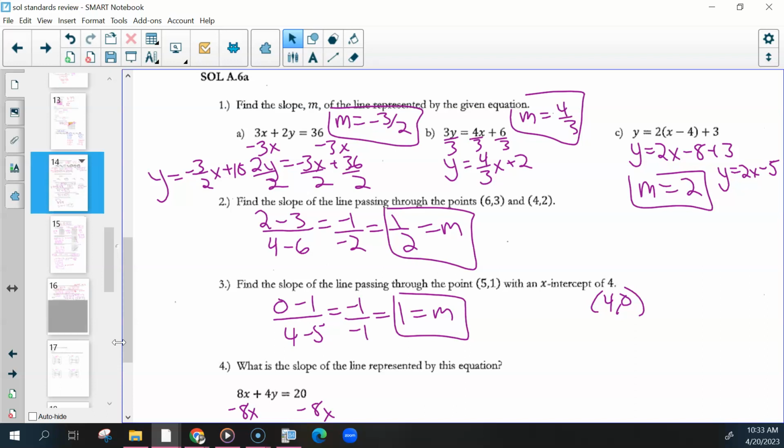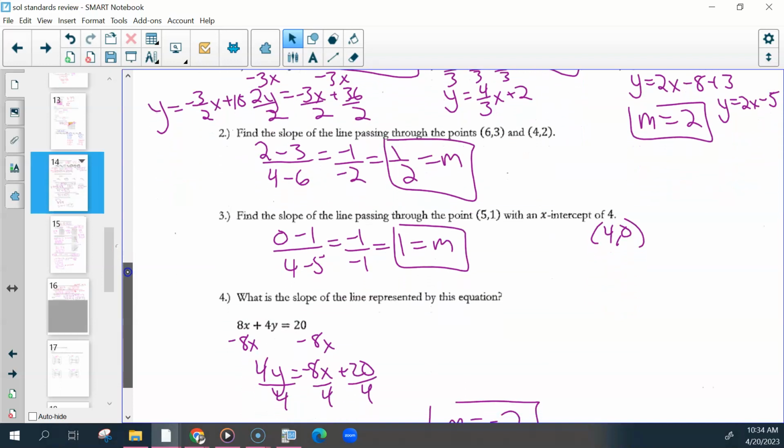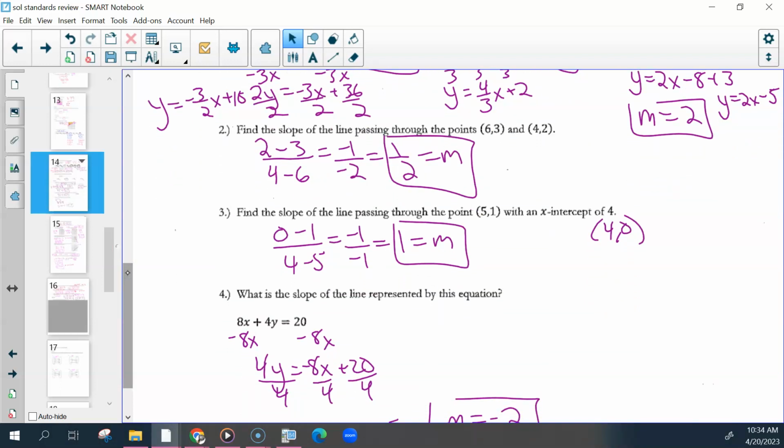For number 2 and number 3, you had to find the slope using the given points. 2 actually gave you the 2 points, and you use your y2 minus y1 over x2 minus x1. So the slope for number 2 was 1/2. For number 3, you had to know that the x-intercept of 4 would be written like this as an ordered pair, 4, 0.